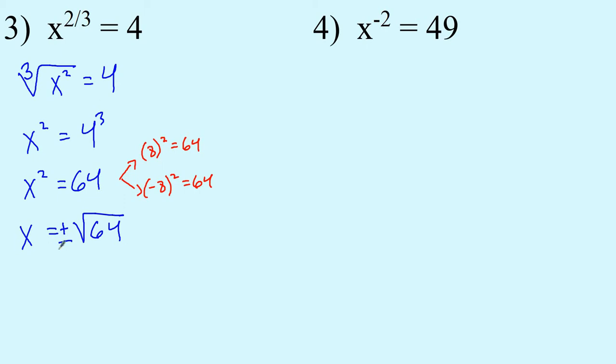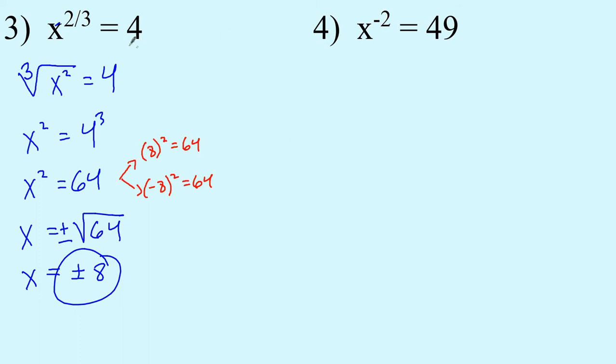So whenever you put the square root there, you have to put plus or minus. So here we get plus or minus 8, 2 answers. Okay, which makes sense. All right, if we plug that in, both of them are going to work. So we get 2 answers.